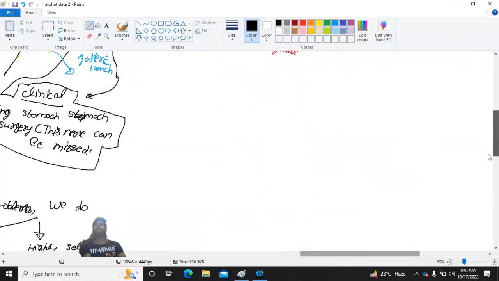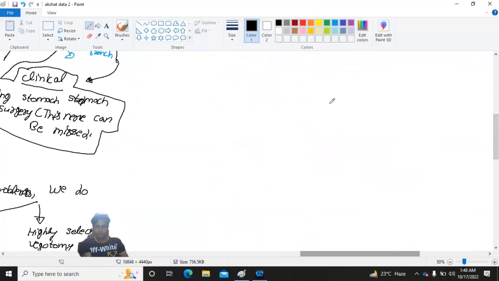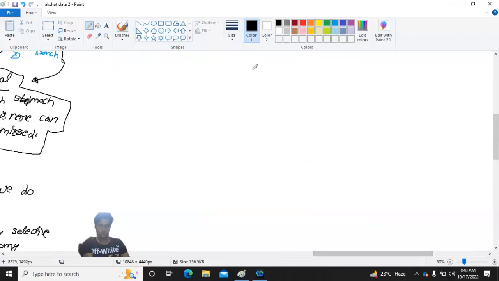For better understanding, we can draw this diagram of the stomach bed. Let's say this is the vertebra. This is the 12th vertebra, T12.